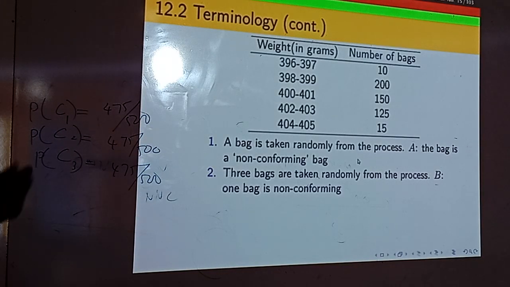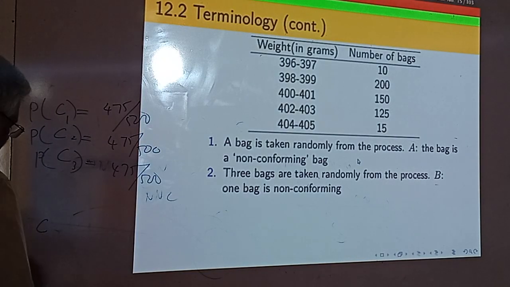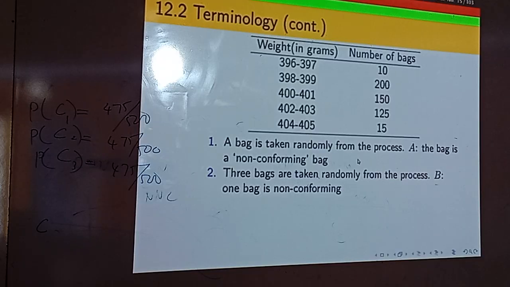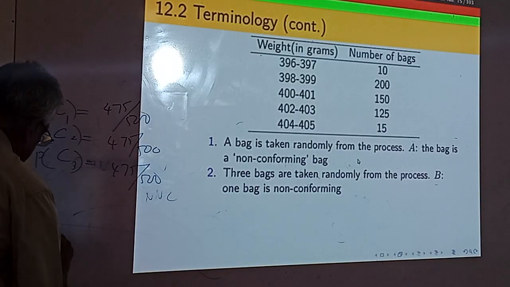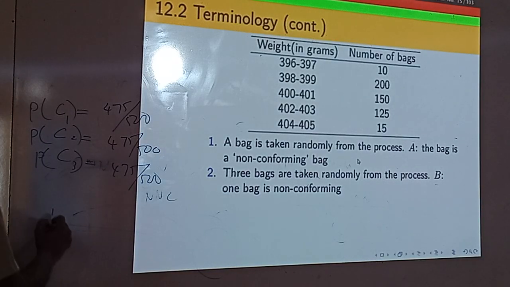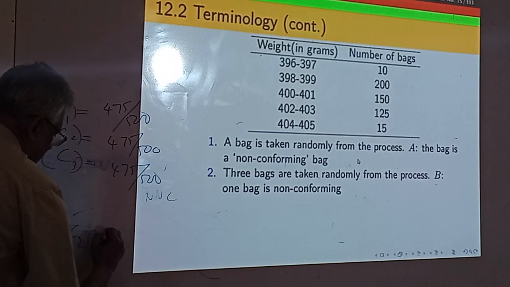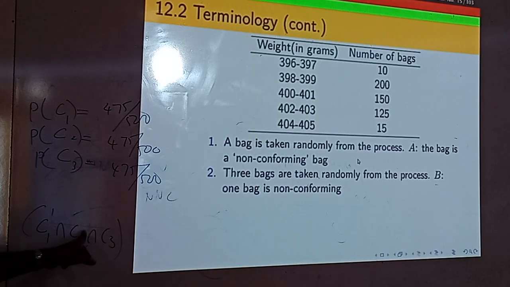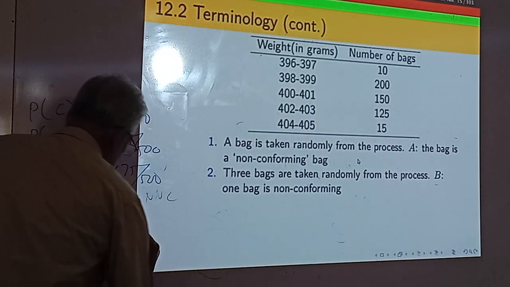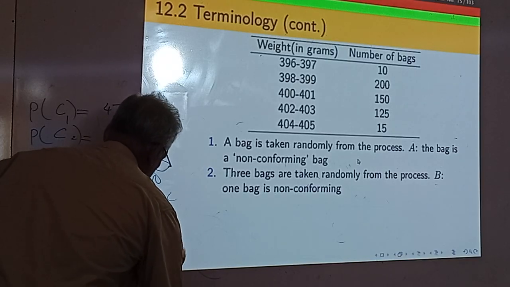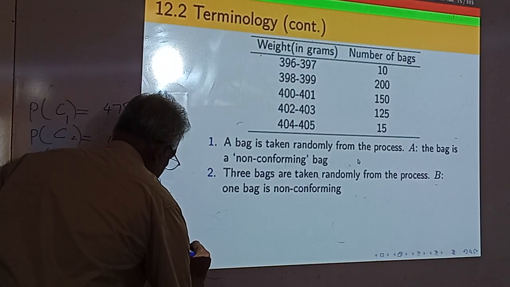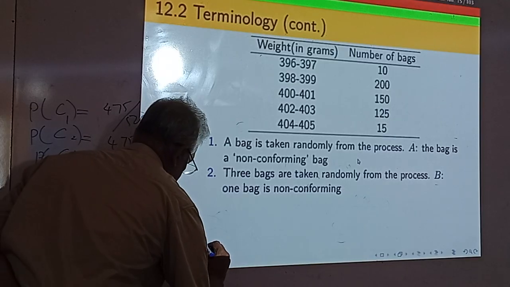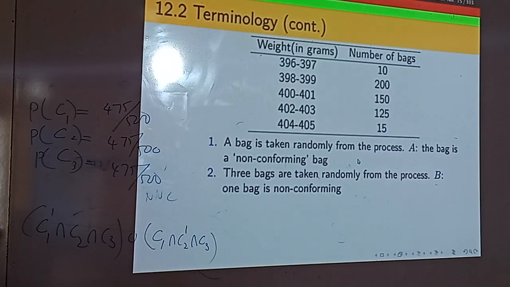So now what we want is to find the probability of a certain event where one bag is non-conforming. For example, C1 dash and C2 and C3: the first one is non-conforming, and the second and third are conforming. Or the first one is conforming, the second is non-conforming, and the third is conforming.